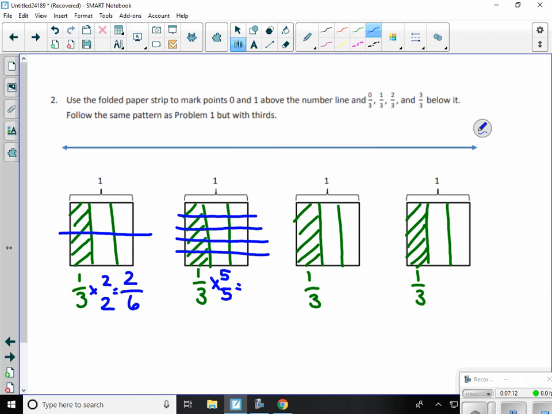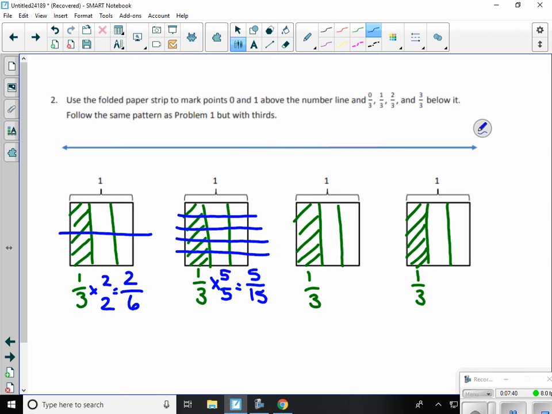So then 1/3 is equivalent to 5/15. So you still have 1, 2, 3, 4, 5 that are shaded out of 1, 2, 3, 4, 5, 6, 7, 8, 9, 10, 11, 12, 13, 14, 15. It's still 1/3, but now it's 5 out of 15. It's equivalent to 5/15. So anybody do that one?